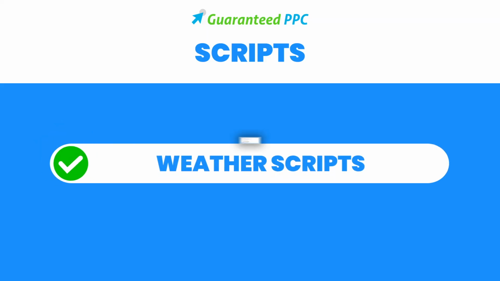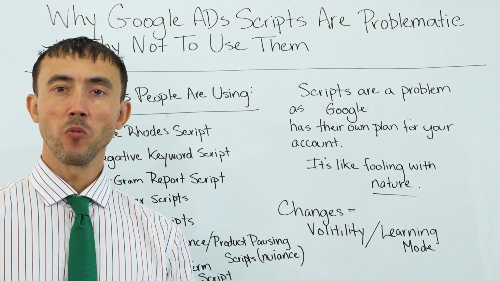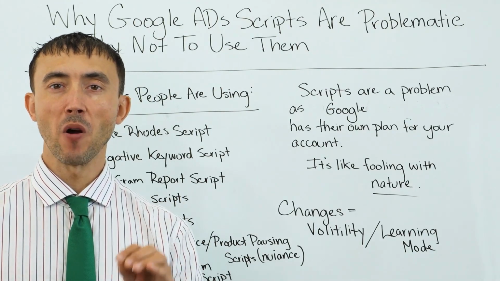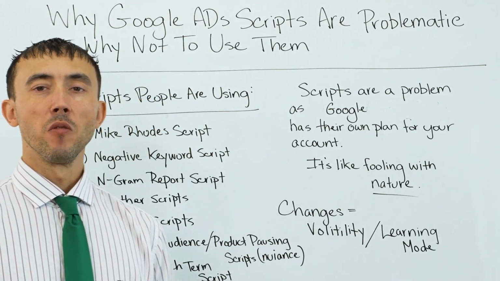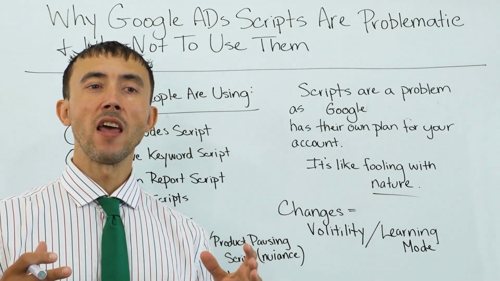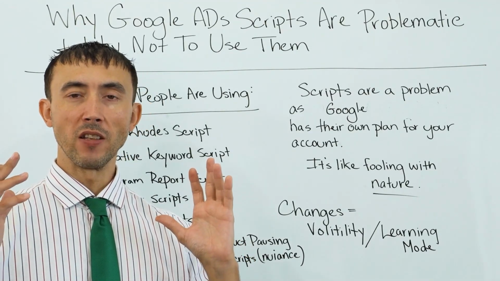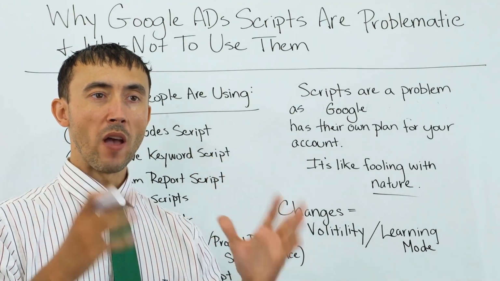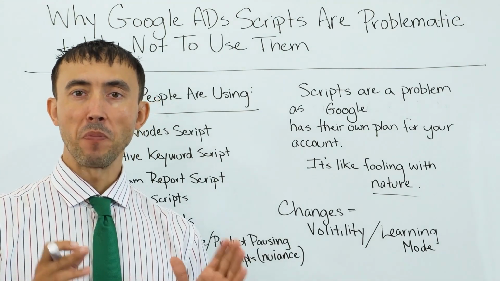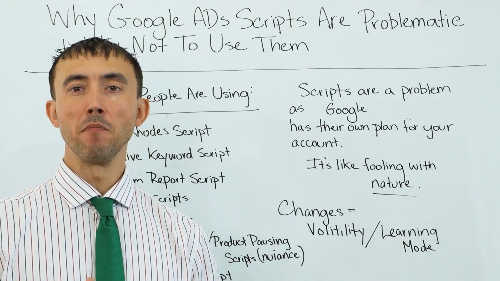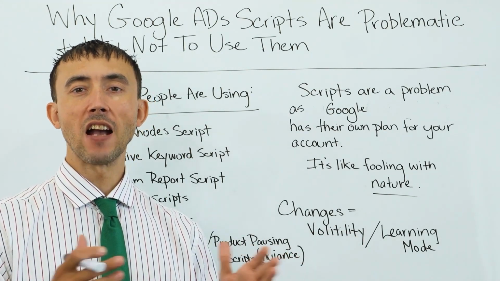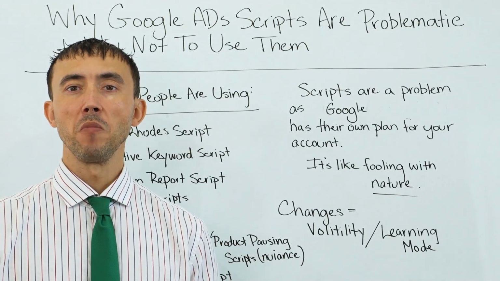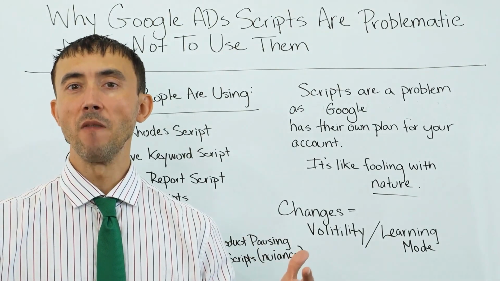Weather scripts. Okay, so here's an actually interesting one. There are scripts where you have to pay a third party for this service, and it's not a one-time buy. You could run ads in your market for, let's say, when it's raining out, that people are apt to buy coffee at a much higher rate than when it's not raining, which is actually the case, because when it gets cold, people want a hot drink, right? Pretty obvious.